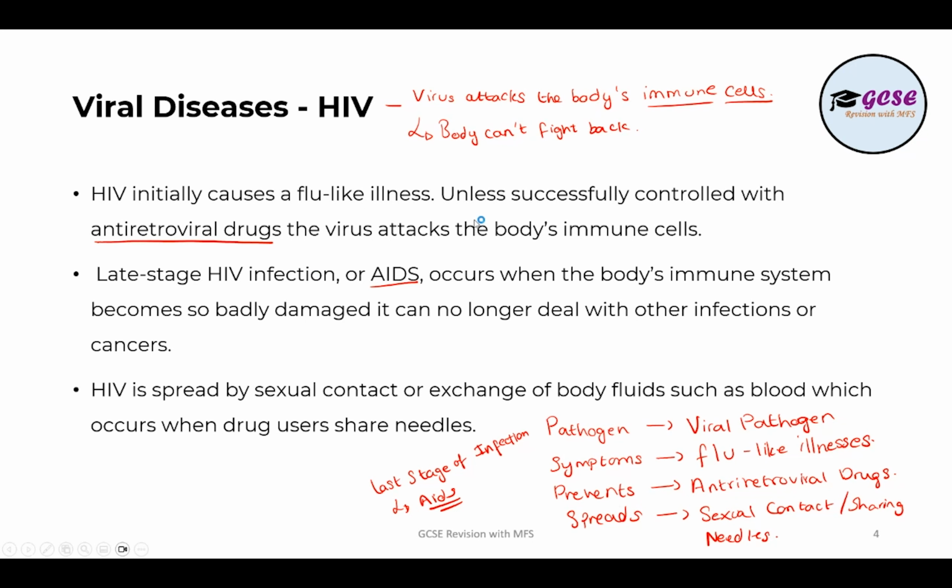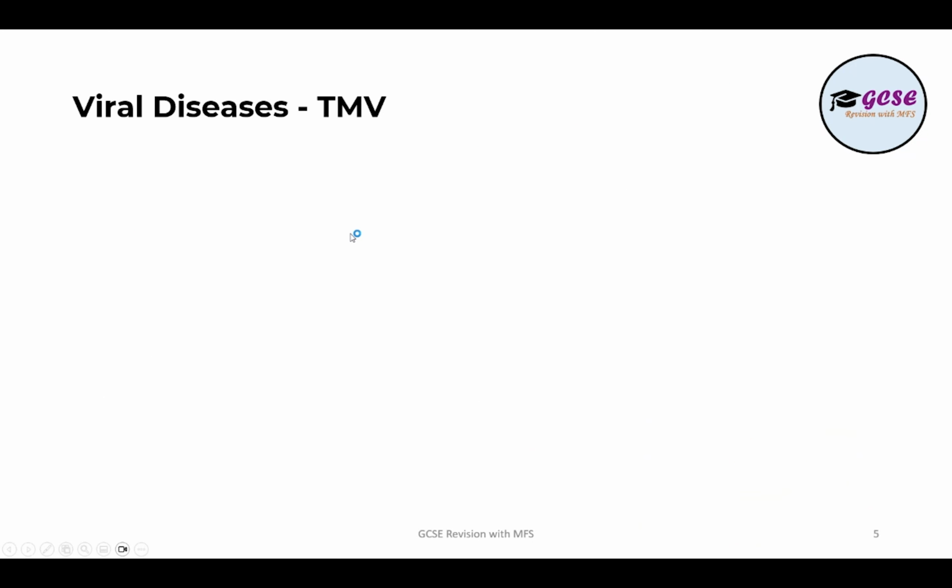Okay, so moving on to our final disease, which is TMV. TMV stands for tobacco mosaic virus. Now, this is a disease which occurs in plants.